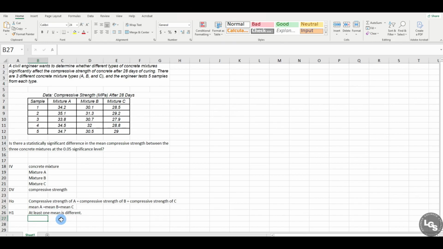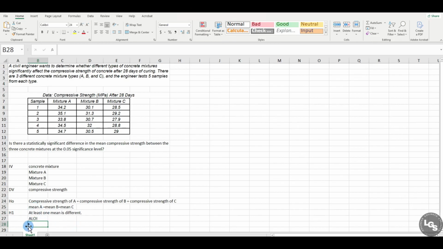So for other references, they use the acronym ALLOY. So meaning A is at, L is least, so at least, O is 1, so at least one inequality, meaning not equal. There is a difference. So that is the hypothesis for this problem.